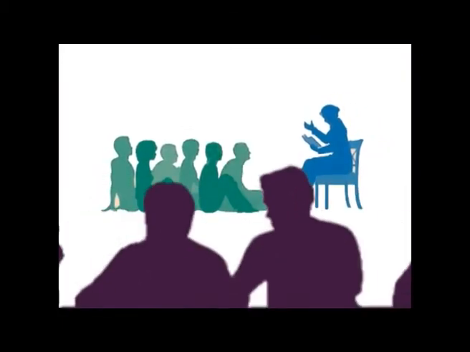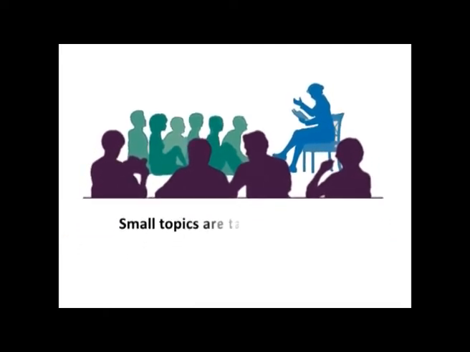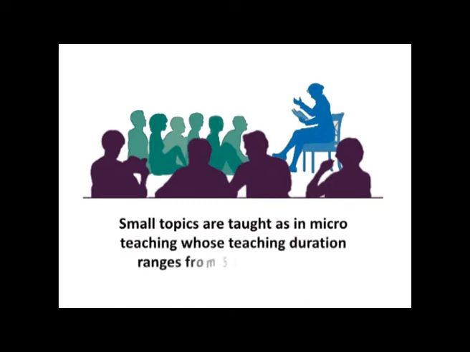One person acts as a teacher and the others act as students, and some as observers in the class. Small topics are taught as in micro-teaching, whose teaching duration ranges from 5 to 10 minutes. A discussion on the teaching method and teaching tactics takes place after the teaching span.